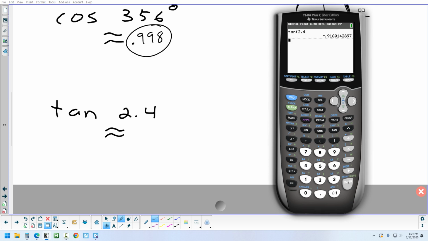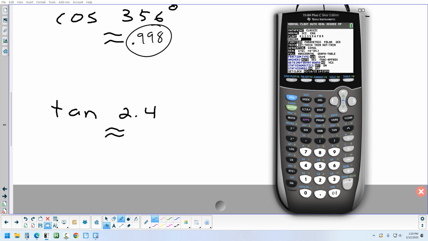Now with tangent, I told you sine and cosine have to stay between -1 and 1. That's not true with tangent. With tangent, you can get other numbers besides -1 to 1. In fact, you can get really big numbers. Oh, that's not that big.